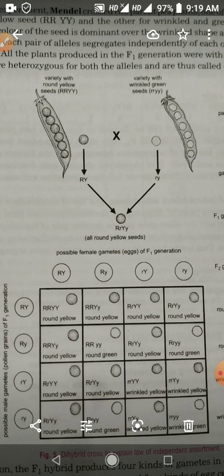Therefore, round yellow 9/16, green round 3/16, wrinkled yellow 3/16, and green wrinkled 1/16. Therefore, we can say in F2 generation, in dihybrid cross, ratio of progeny is 9:3:3:1.